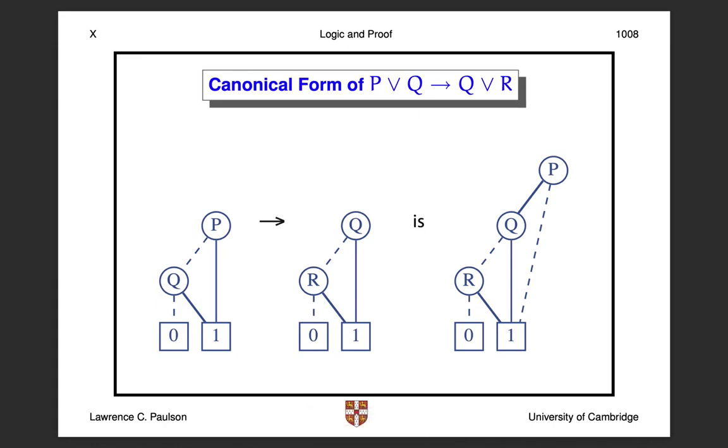And what happens when Q is true? When Q goes to true here, the result is 1. When Q goes to true here, the result is also 1. 1 implies 1 is true. So you see, regardless of whether Q is false or true, the result will be true. And that is why in either case, when P is false, the result is 1.